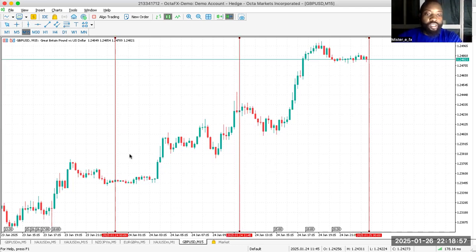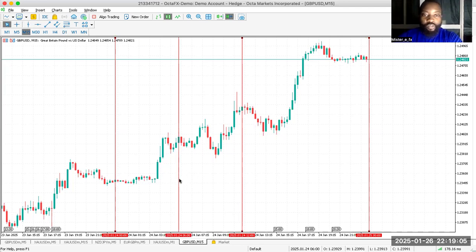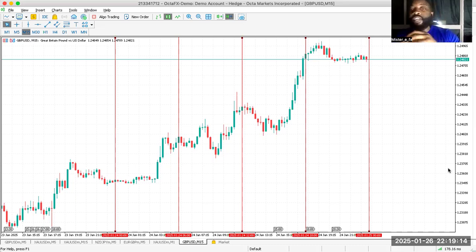This is 0, so the middle will be 12 o'clock. Between 0 and 12, the middle will be 6, and here the middle will be 18. Can you see? So the market is divided by 4.